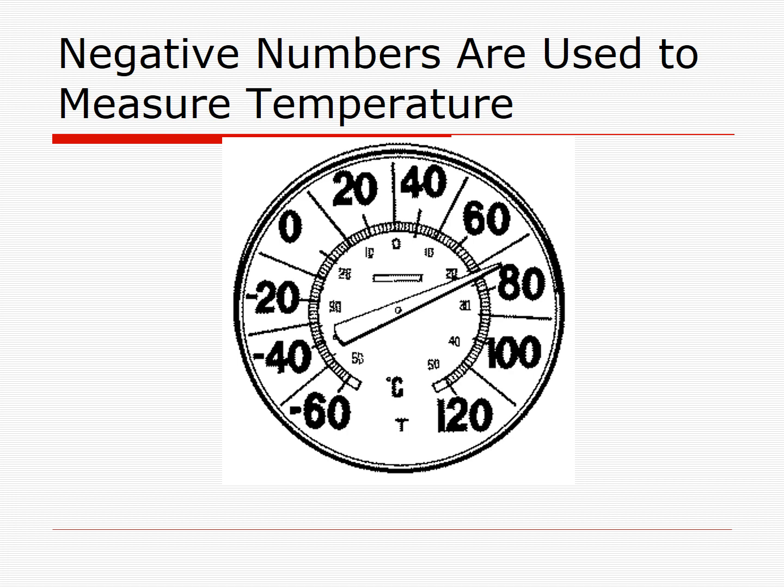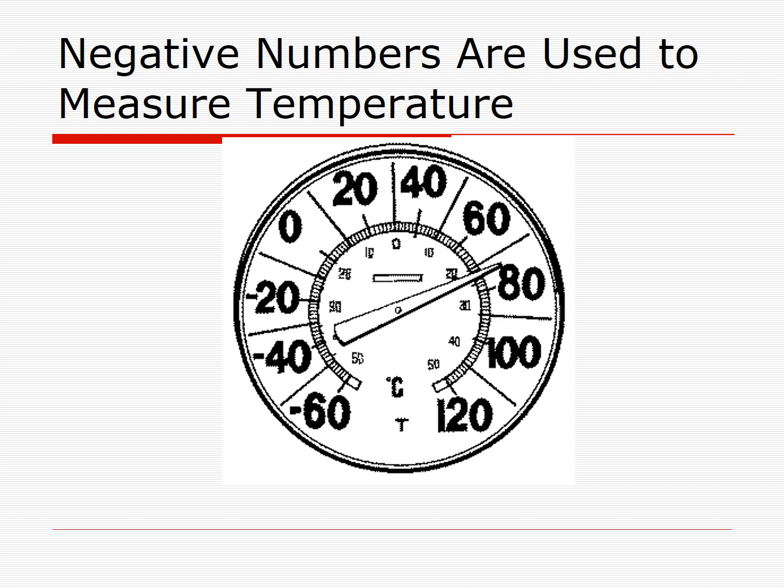Now, where do we use negative numbers? Because in the real world, negative numbers do not exist. They are abstract, because there is nothing as -10 or -20 in the real world. But there are certain situations where negative numbers are used. So let's see the first example. Negative numbers are used to measure temperature.